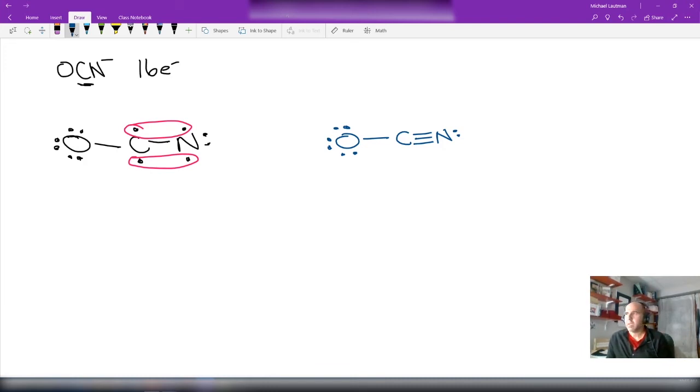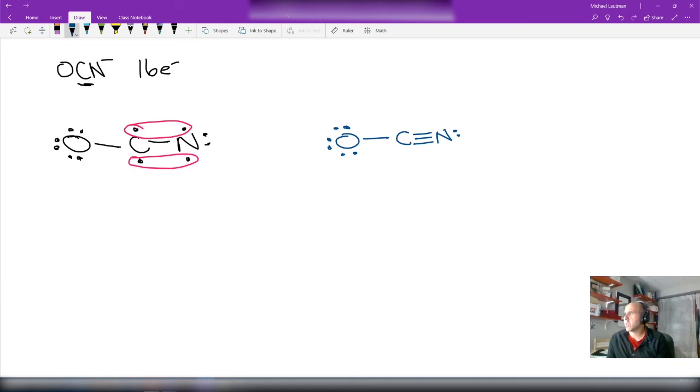And if I evaluate this Lewis diagram, I think the octet rule is satisfied for all of these atoms.